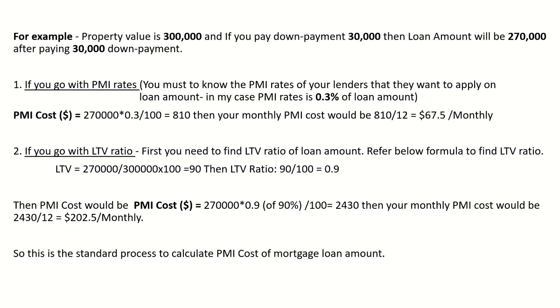You can put this formula in any language, no matter if you are developing a Python application, .NET application, Java, C Sharp, or any application. You can just use this formula to calculate PMI cost. So this is the standard process to calculate PMI cost of a mortgage loan amount.